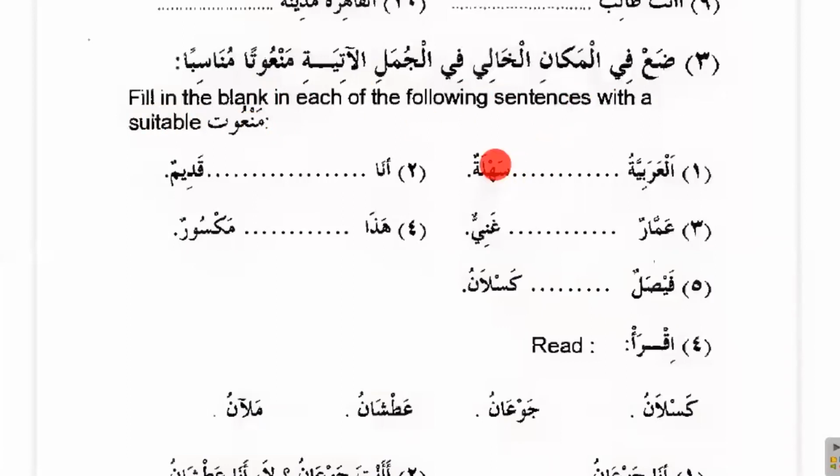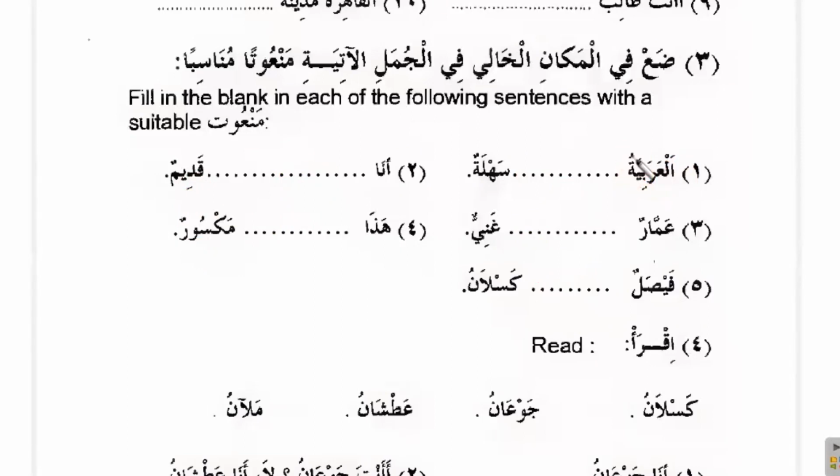So you are supposed to, it's almost the same thing. Here they have provided adjectives. It's the opposite of what we did in the previous one. Here they have given you adjectives, and now you should choose nouns for these adjectives, and it will make a complete, reasonable meaning.